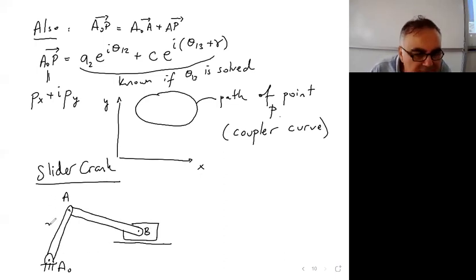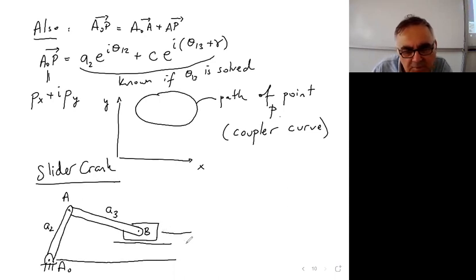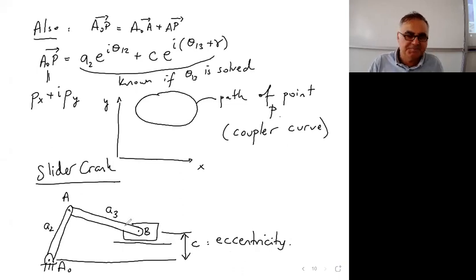Well, let's call these A2 and A3. AB is A3. Now, this slider crank is an eccentric slider crank, so this distance is a fixed distance, which I will call C, and that is the eccentricity. So A2, A3, and C are fixed link lengths.